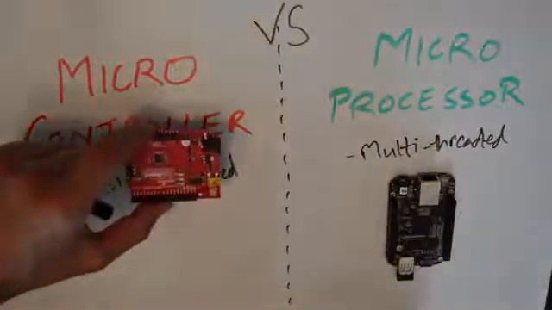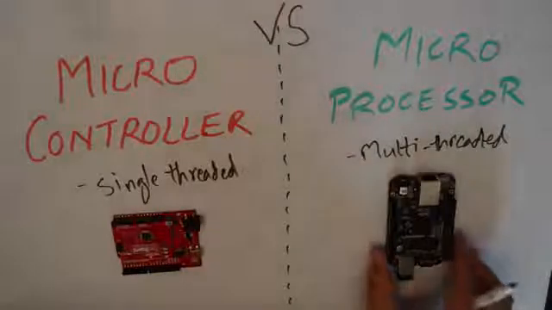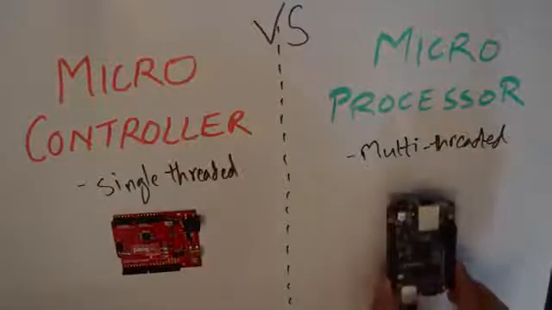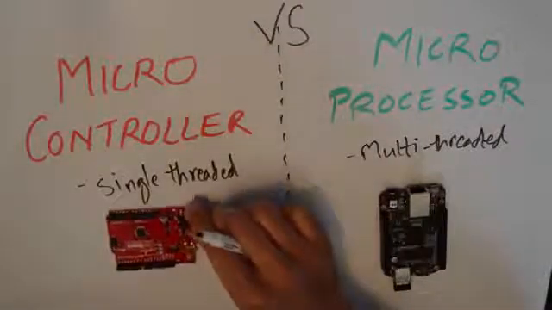So if your application is going to be utilizing complex interfaces such as Ethernet, or storing data on a flash file system using a micro SD card interface that's on chip and comes with a file system ready to go, you're going to be much better off using a microprocessor platform in that kind of situation versus using a microcontroller.